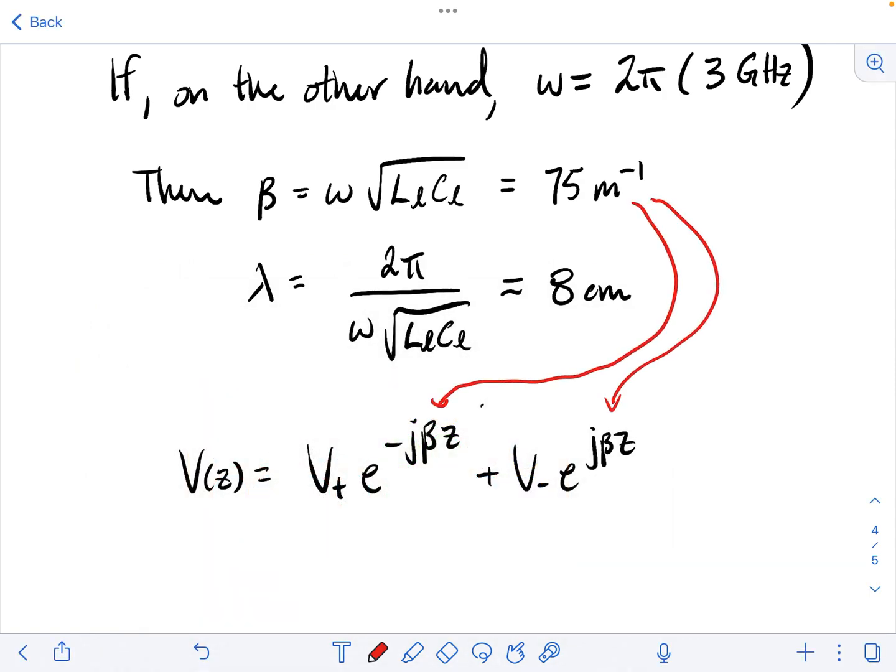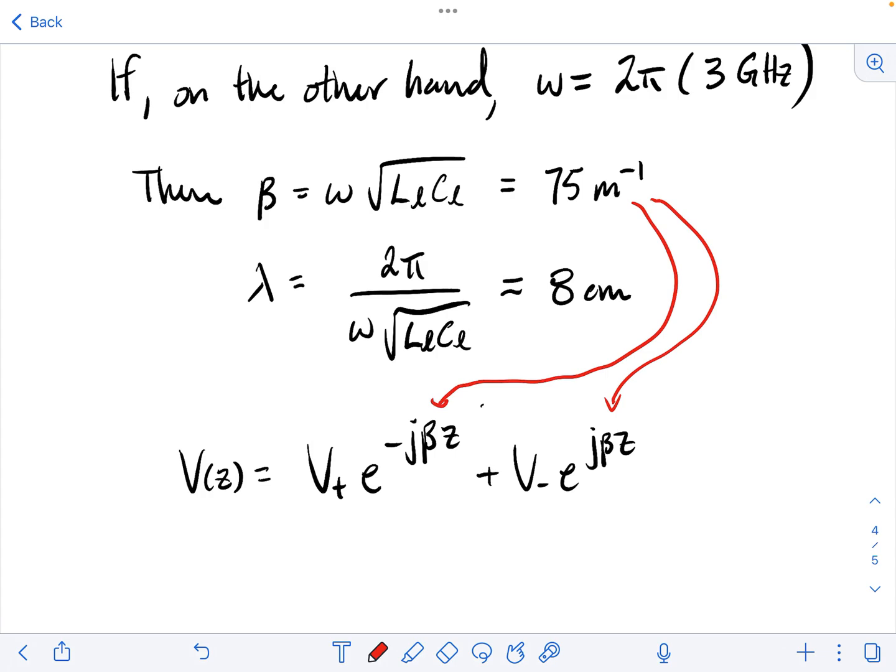And so as we change Z from, say, 0 to 0.01, 0.02, 0.03, 0.04, as we approach the size of the wavelength, for each value of Z, we're going to get a completely different value of the voltage amplitude.